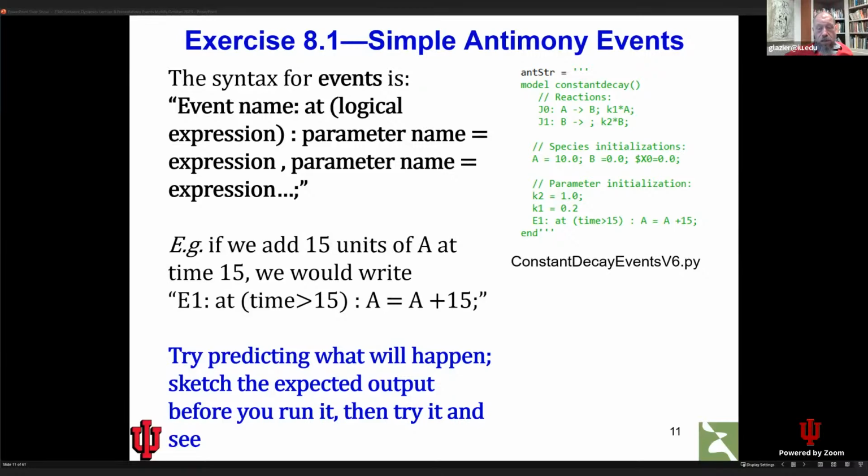At this point in the class, you should be able to build a model on your own. So if I show you sample code and it has something you don't need, don't use it. As it happens, you're allowed to name models within the code. Just the way we can name a reaction J0, if I want to say this model is called constant decay, I can do that, but it's not required.